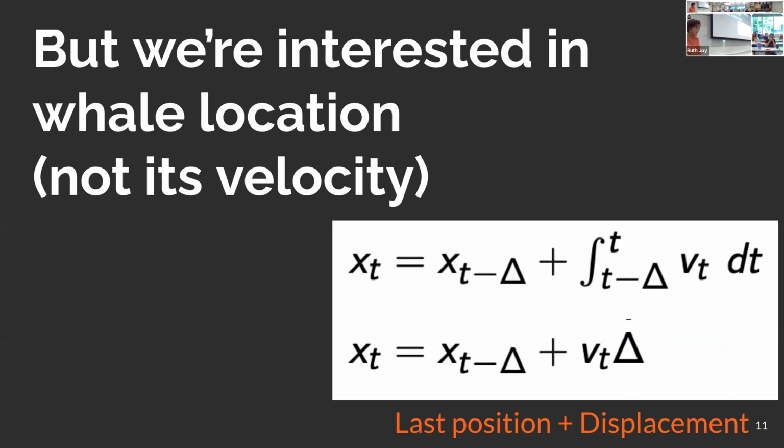And of course, we don't want the state to be velocity; the state is actually the location. So we just integrate the term for velocity, and we get displacement out of that term. So the location at time t is a function of the last location plus the displacement.